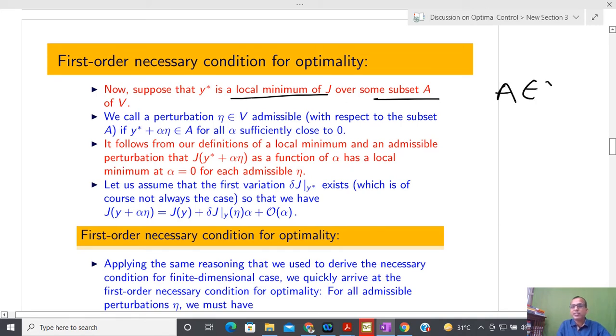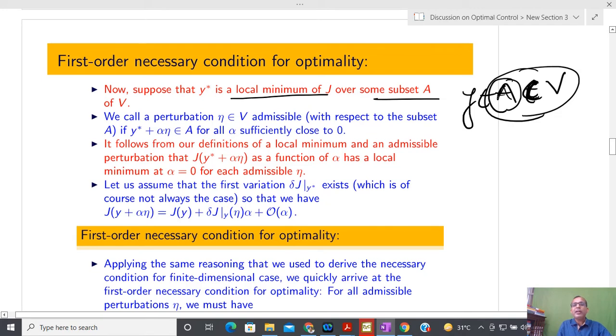A is a subset of V, and Y belongs to A. So I am going to select the local minimum in this region A.